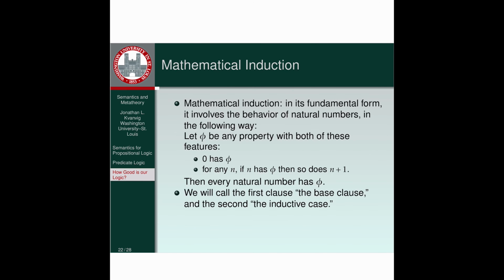Two things. We start with, this is called the base case. 0 has phi. Sometimes instead of 0 we'll use 1. The first natural number has this property, but in any case we have to establish that in the base case the property holds.